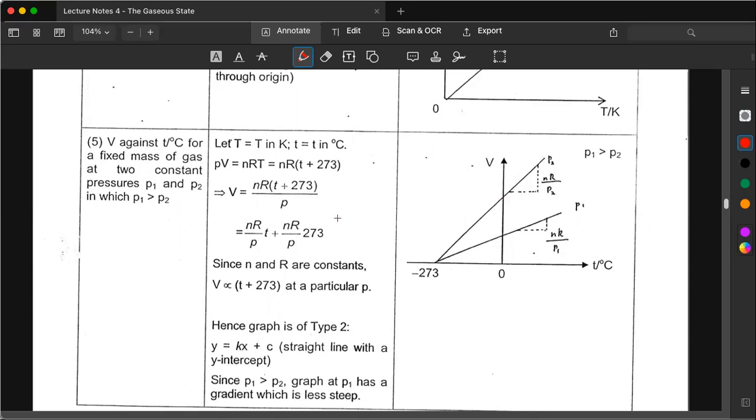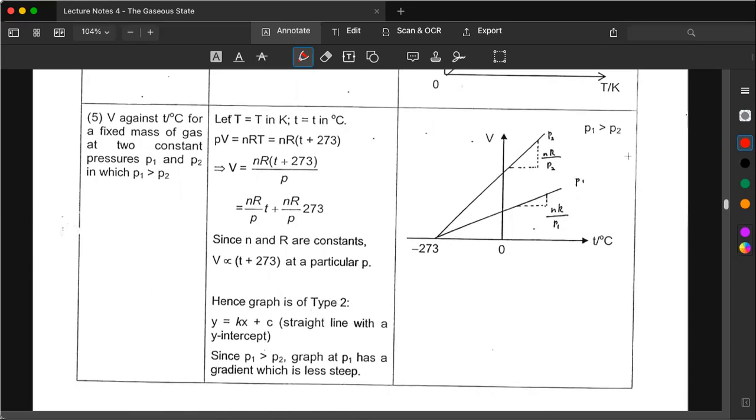So if you have P1 greater than P2, because pressure is in the denominator, the larger the value of P, the smaller the gradient. So the P1 graph should show a gradient that is less steep.